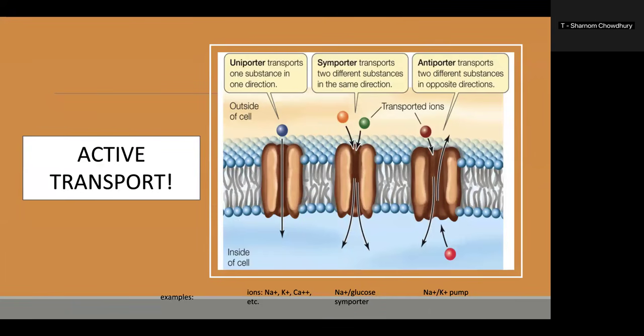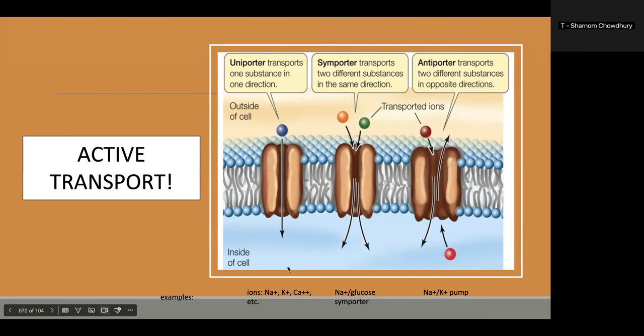There are three main types of protein-driven systems involved in active transport. The first one is a uniporter. A uniporter transports one substance in one direction. Then there's a symporter, which transports two different substances in the same direction. An example of a uniporter is sodium, potassium, or calcium ions just going inside. A symporter can move sodium and glucose inside, but only in one direction.